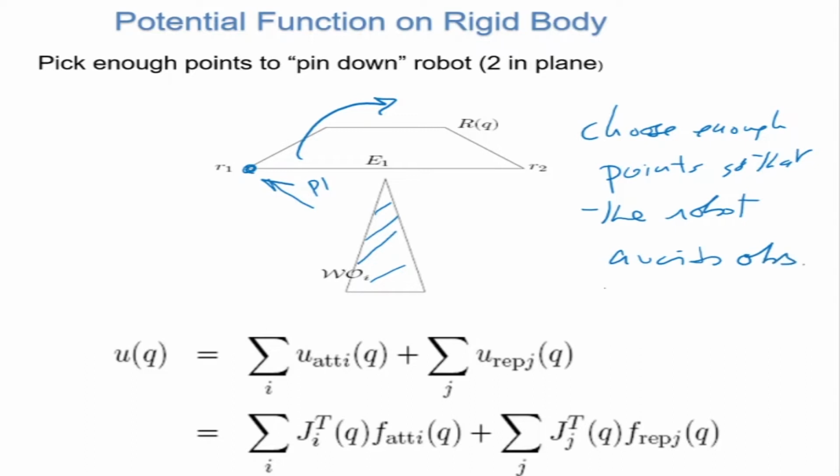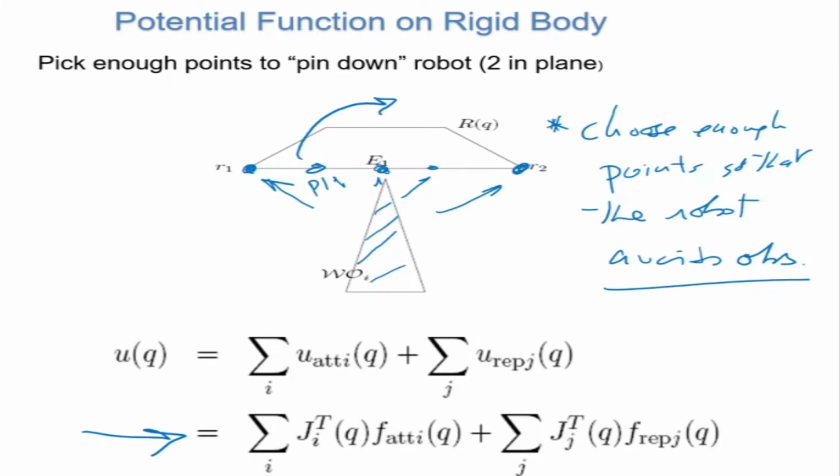Again, choosing the points is up to you. I can choose this point and this point, but this may not be enough because this might hit. The force is acting there, the force is acting here, but it can hit this point. So it might be a good idea to choose many points here and see what forces are acting on all of them, convert them by this equation, sum them up, and then see what is the force acting on the robot and move it accordingly in C space.